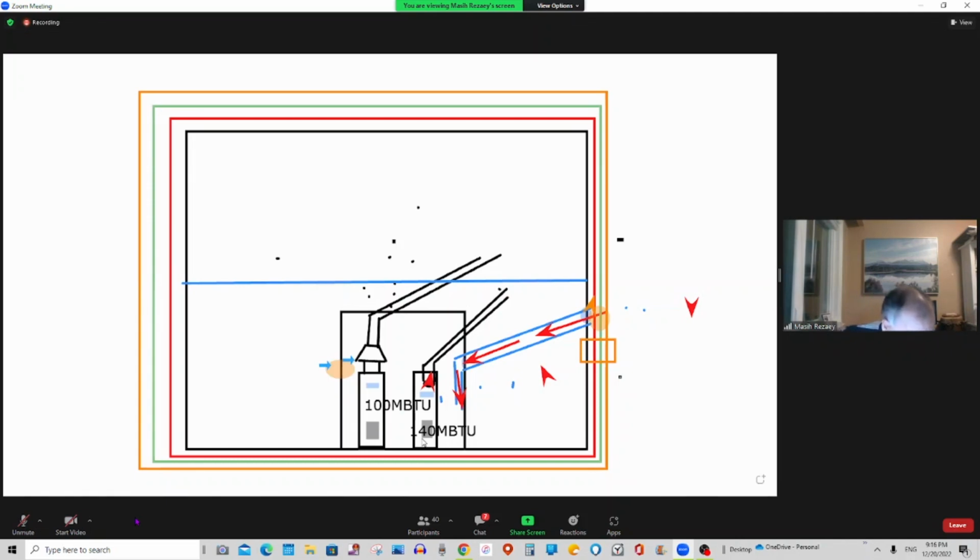Then it says to go over table 8.2 using the total input. I add them together: 100 plus 140 is 240. I go to table 8.2 and I see 250, 18 and 5. Whichever is bigger is the answer.